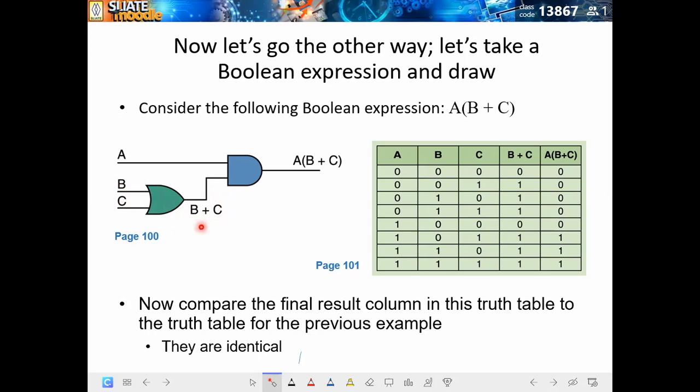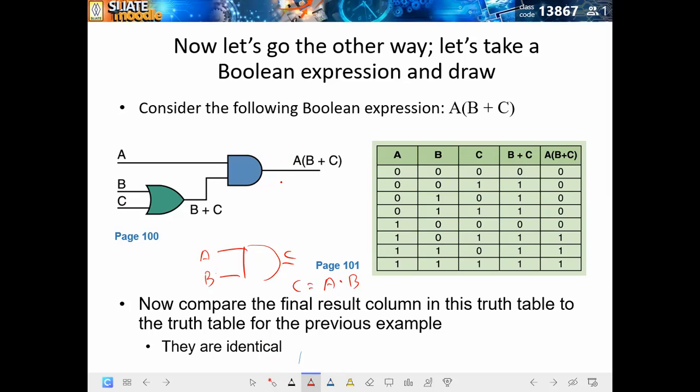Now this is used as an input to the AND gate. So how do we write the output of an AND gate, children? You know that for an AND gate with inputs A and B, and output C, we write C equals A and B. In this example, we are also going to write like this.